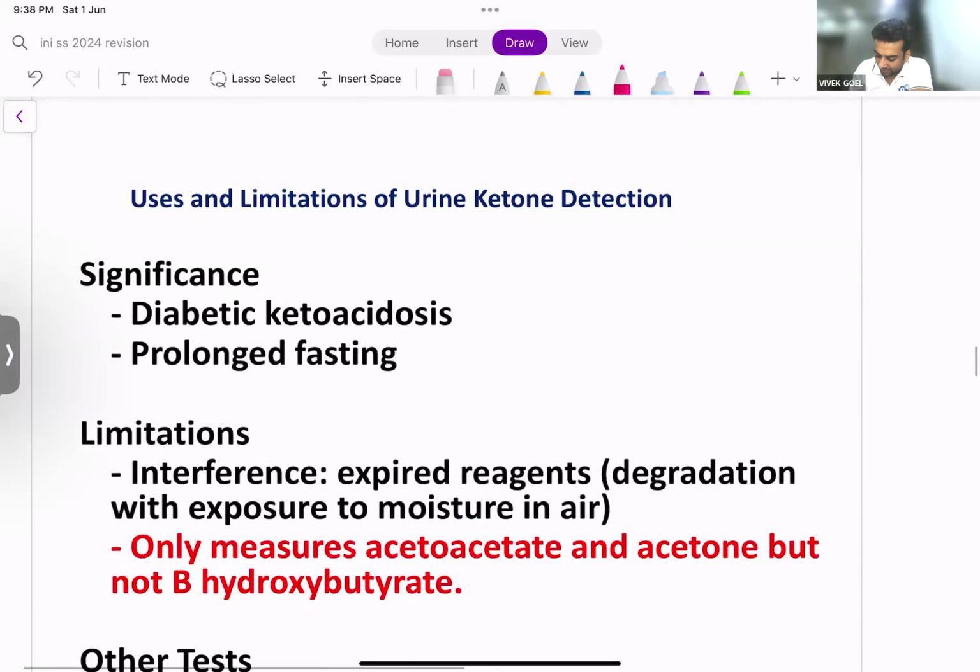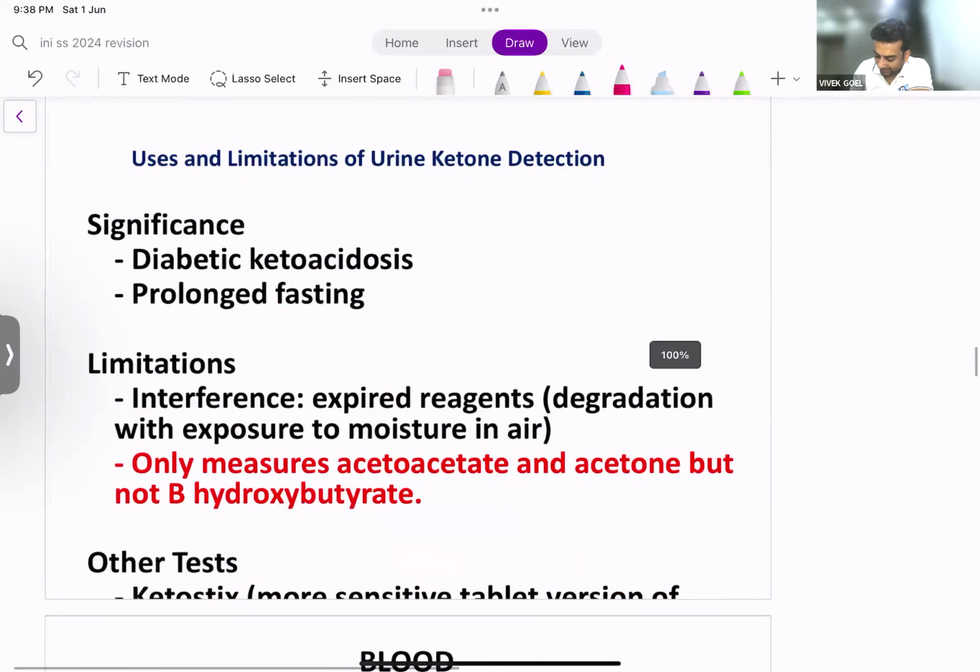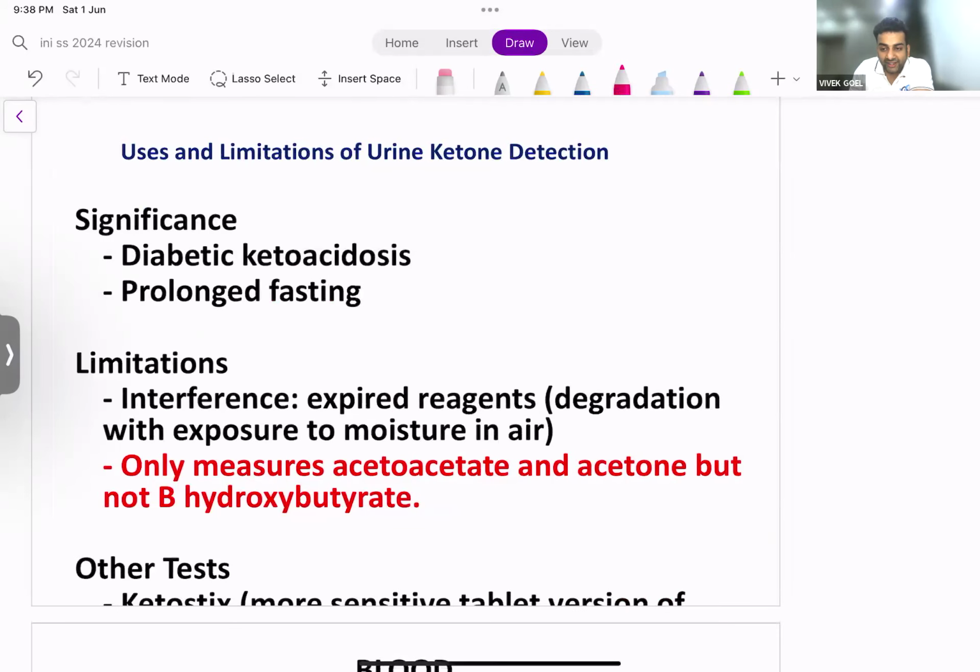But always remember that there are certain limitations for urine ketone detection. It could be present in diabetic ketoacidosis. It could be present in prolonged fasting, because fasting causes ketonemia and ketonuria. But very, very important, the urine ketone estimation only measures acetoacetate and acetone, but misses beta hydroxybutyrate.